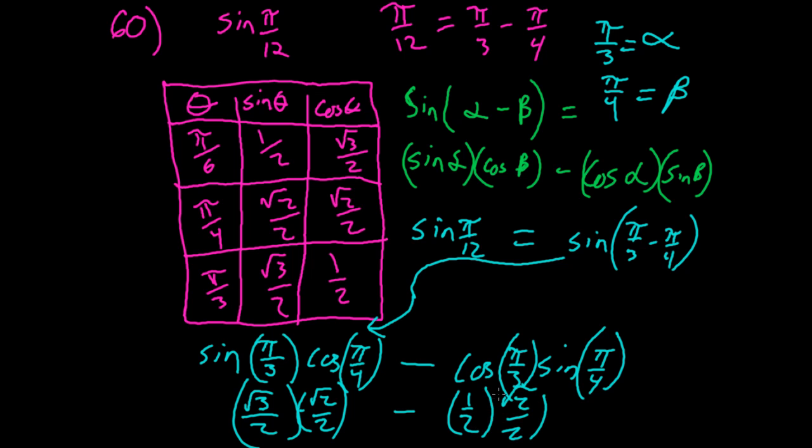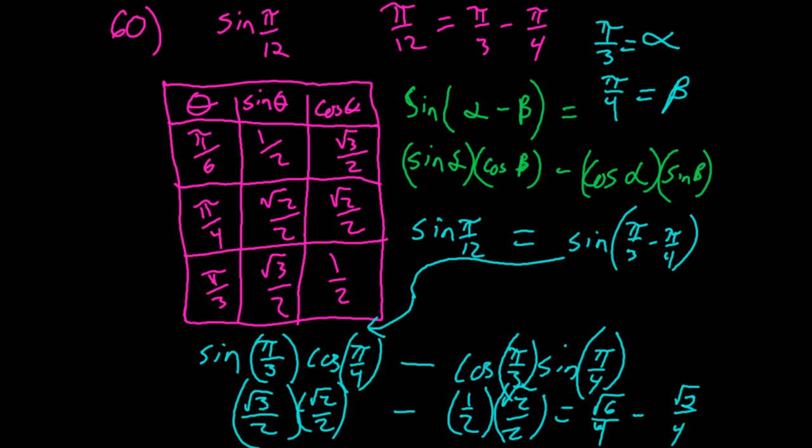So now we can just multiply this out, and we'll be left with the square root of 6 divided by 4 minus the square root of 2 divided by 4.